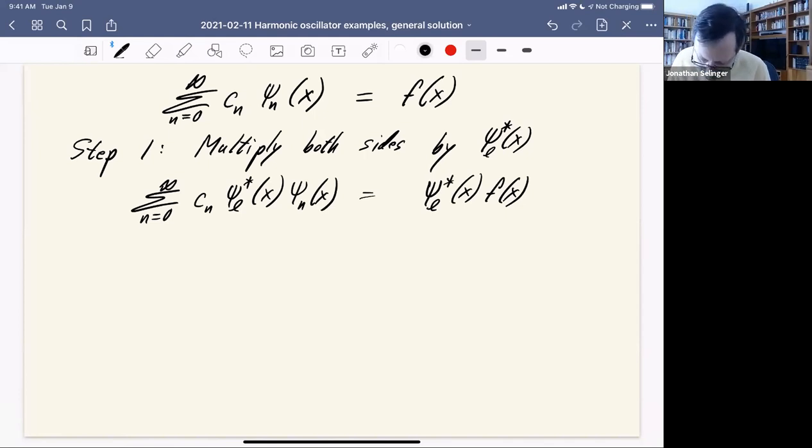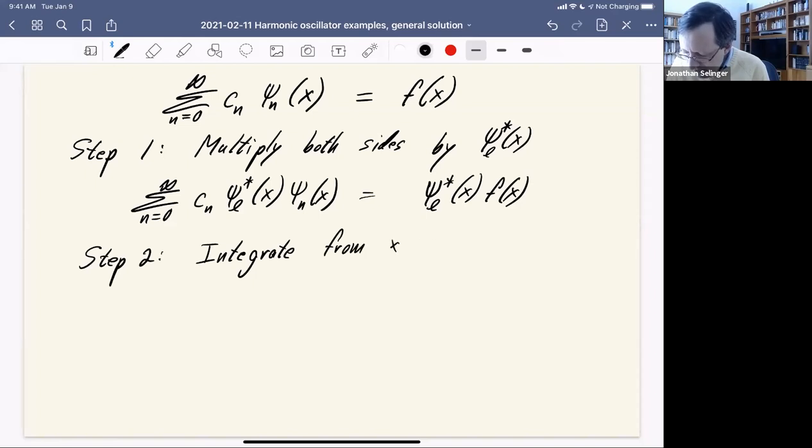And then step two is integrate from x equals minus infinity to infinity.